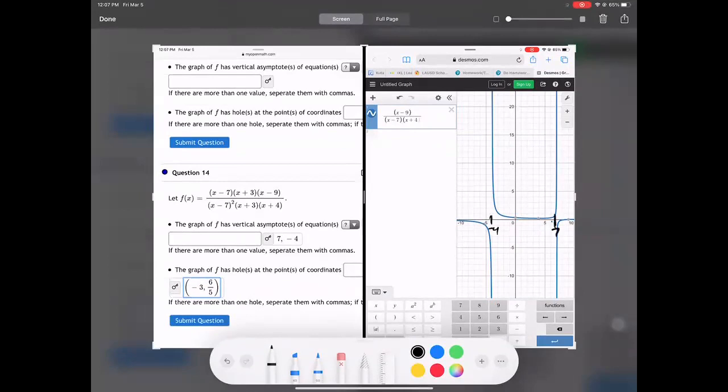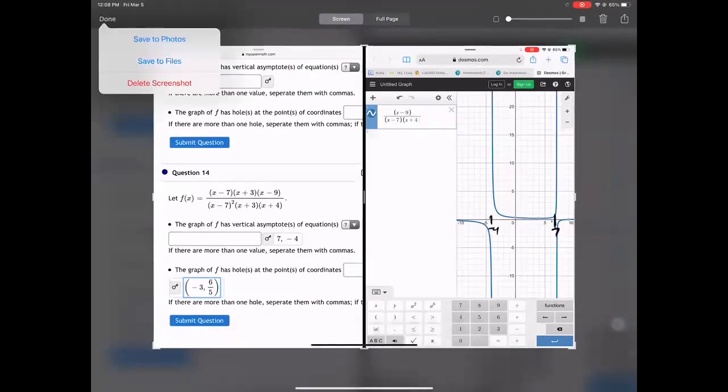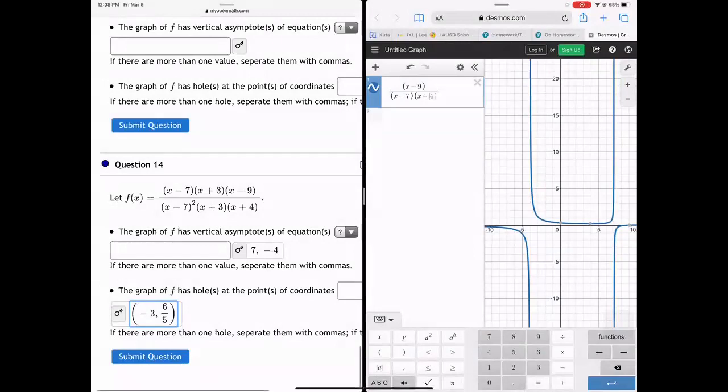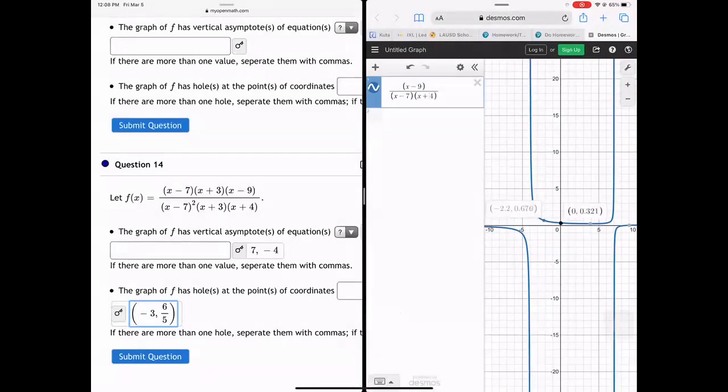Horizontal asymptote, since they have the same speed across, is going to be at, wait, no, the bottom was bigger, right? Shoot, the bottom was bigger. At 0, we have a hole at -3, 6/5. So I'm going to show you guys this. Go to -3, and 6/5 is just above here.